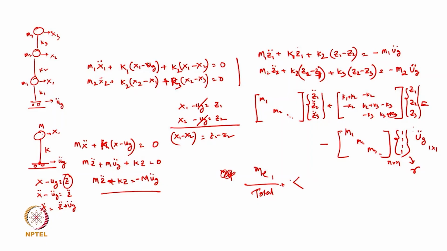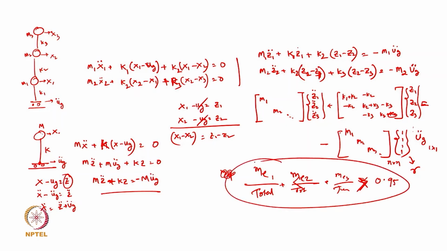So if you add that m_e2 by total plus m_e3 by total, that should be greater than some value like 0.95 or something. In those cases you can say that okay, now that many number of modes is sufficiently giving you the result.